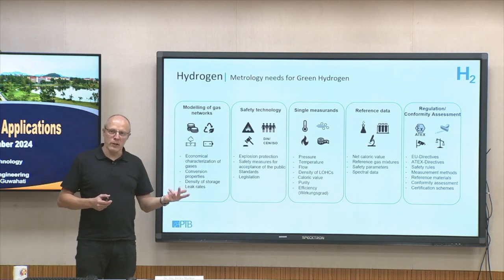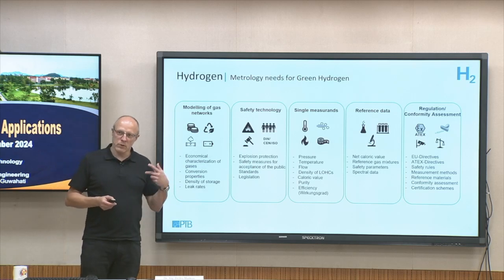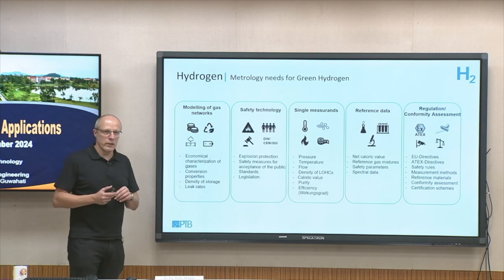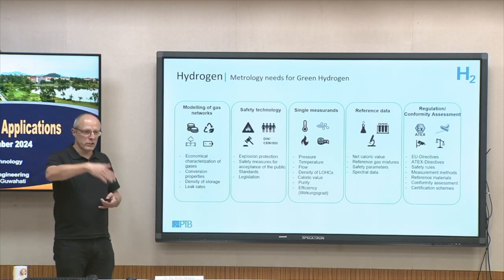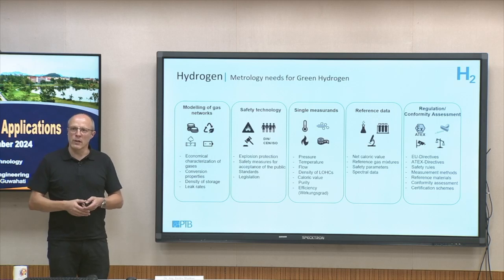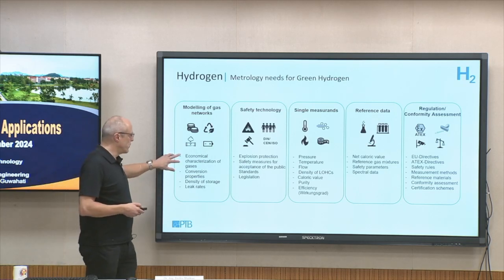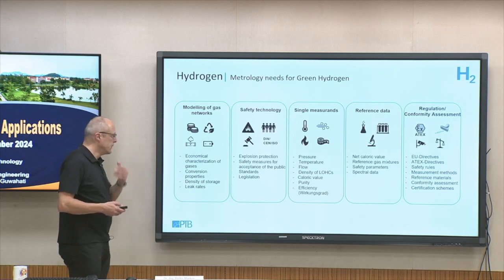But we do not pay for the amount of gas, we pay for the heat. So how can we then measure properly the heat when we have fluctuating mixture composition in our gas grid? This is of course very, very important for the economical characterization.